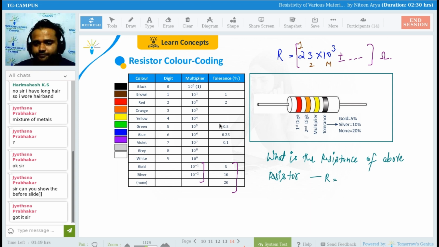Write it down here. After the multiplier, you can write either the plus minus percentage or 0 point something. Again, first digit is the first significant figure, second digit is the second, third is the multiplier, 10 to the power, and then tolerance is simple: gold, silver, none. So tell me the resistance of this.